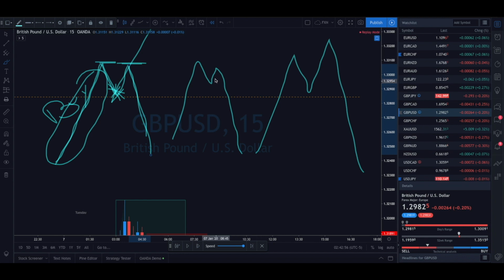On the example of why this one's shorter than this one, it's pretty simple. They induce traders to go long on this leg. When they come back down and go back up, they already have all of the traders they need on this move.